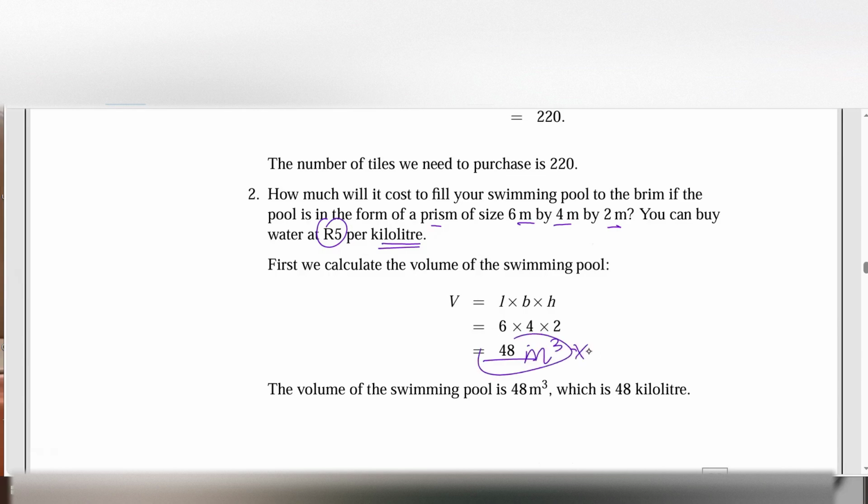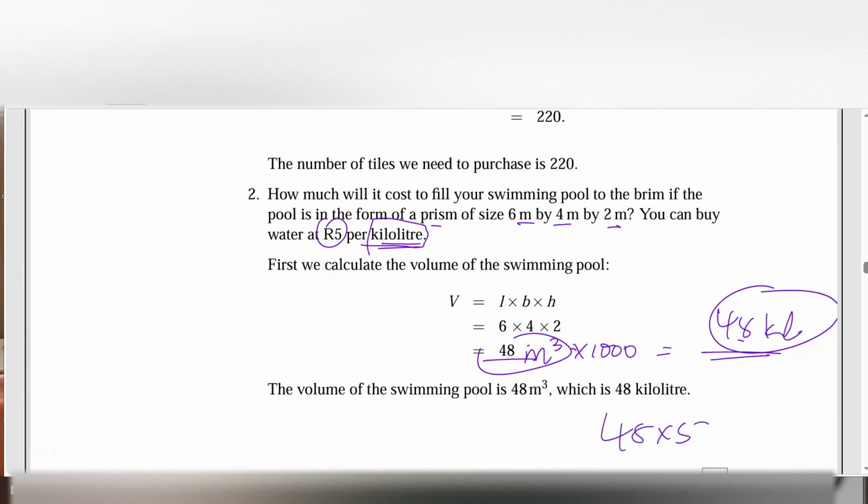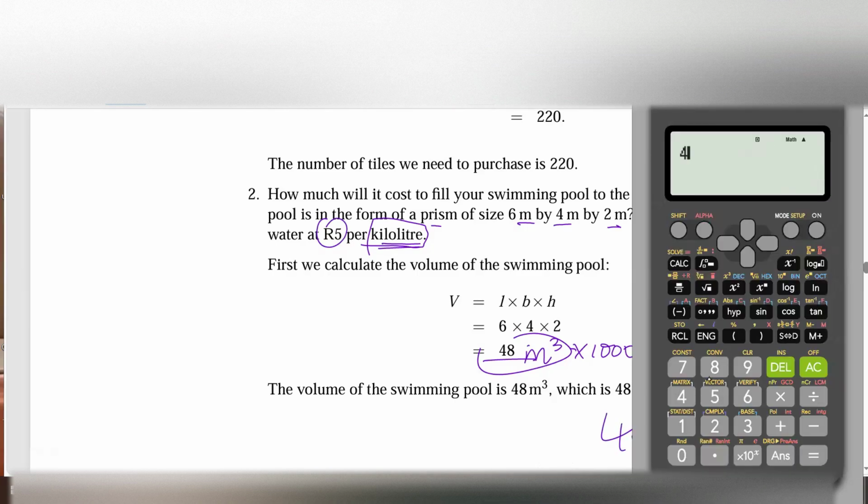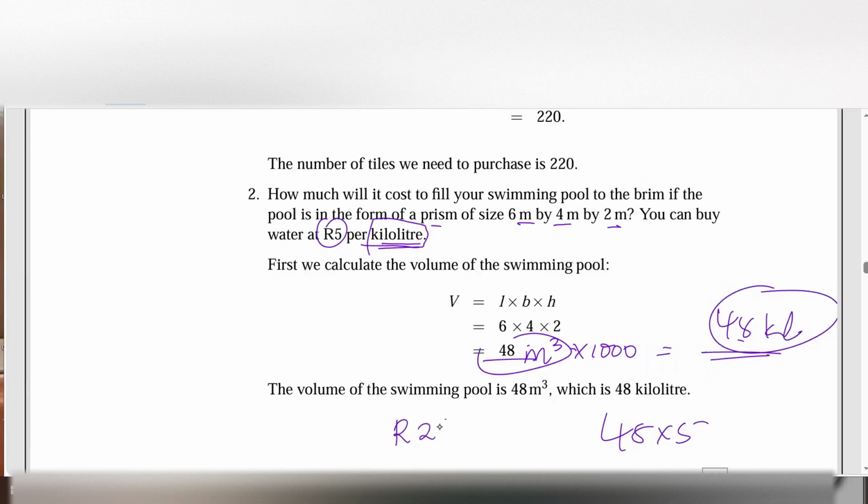Since they gave us kiloliters, it's the same as 48 kiloliters. Then multiply this by 5. So 48 multiplied by 5, that's going to be 240. So you're going to pay 240 rands just to fill up that pool.